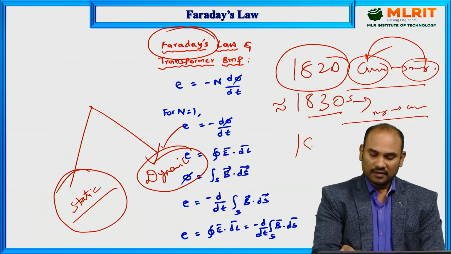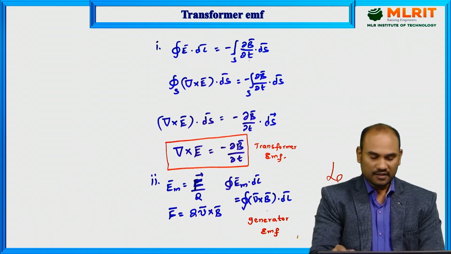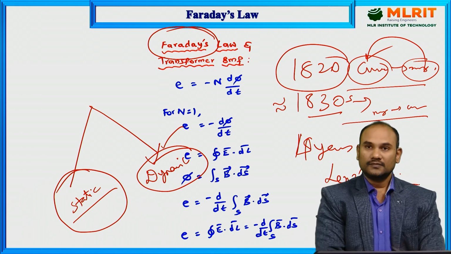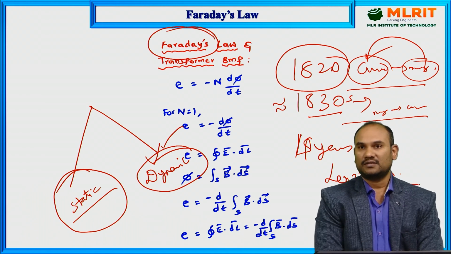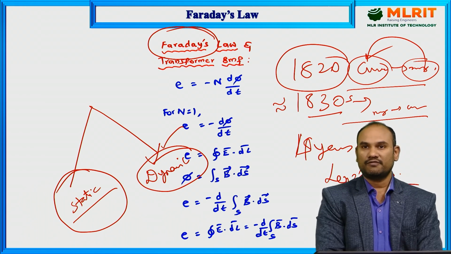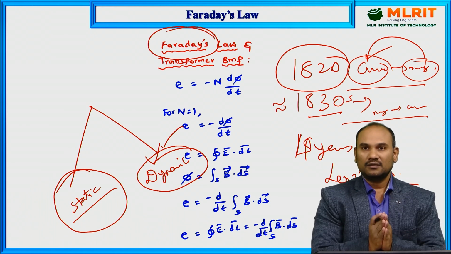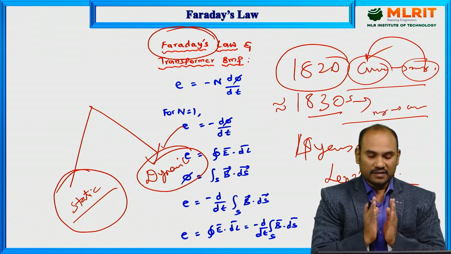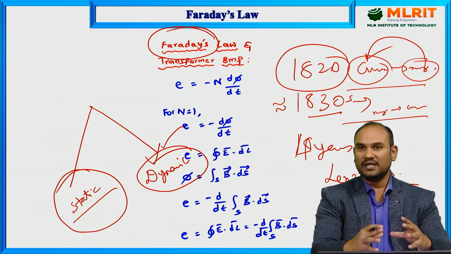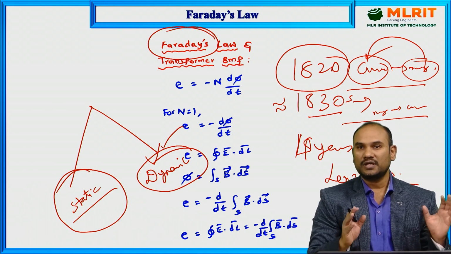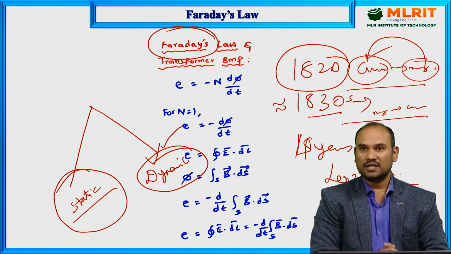Now, 4 years later, another engineer by the name Lenz, known for Lenz's law, also made some valuable experimental observations out of this. So together, Ørsted, Faraday and Lenz contributed to the mathematical discussion we are going to see now. I am just referring to the historical perspective of Faraday's law and transformer EMF.